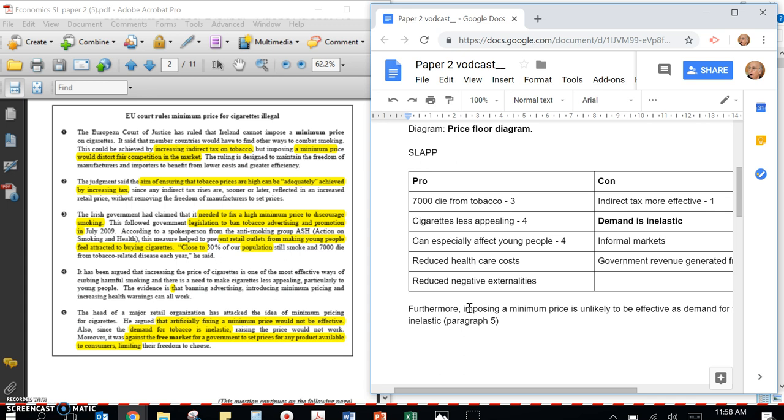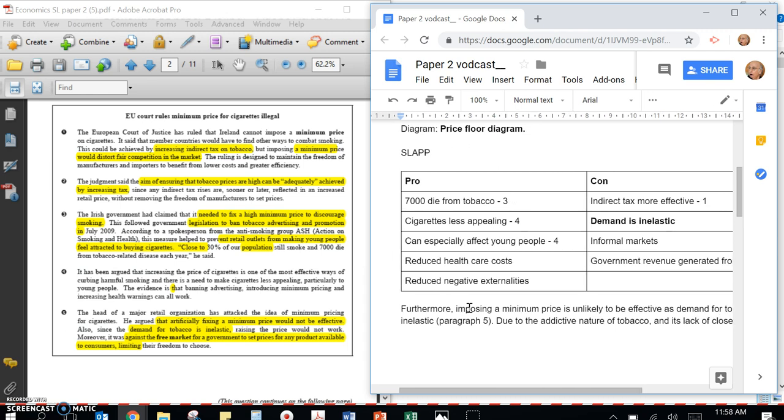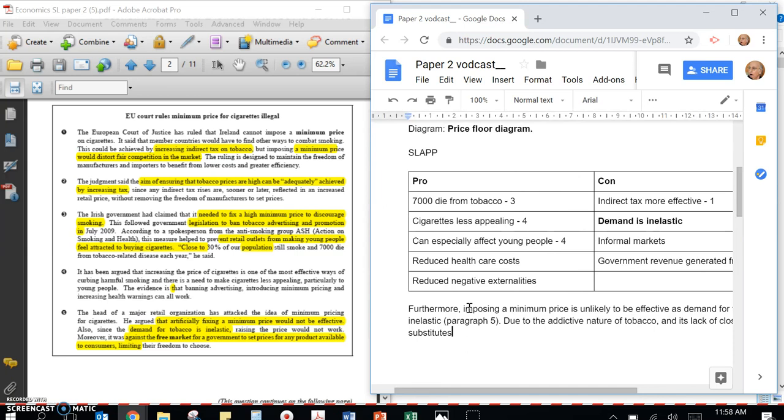So a high-performing student might start with this as a base, but then add: due to the addictive nature of tobacco and its lack of close substitutes.